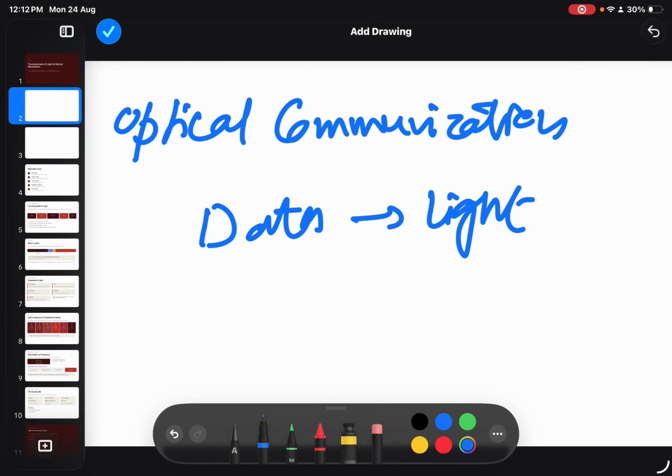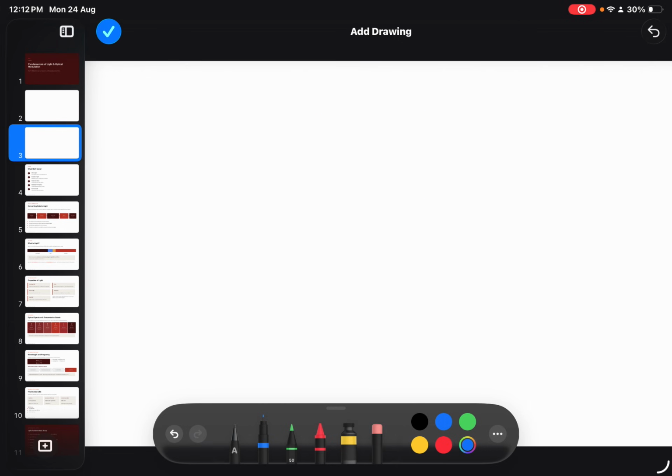So it can be a glass fiber or a plastic fiber. That we will be discussing in the upcoming videos. Now in this we will first discuss what are the steps involved in this optical communication.